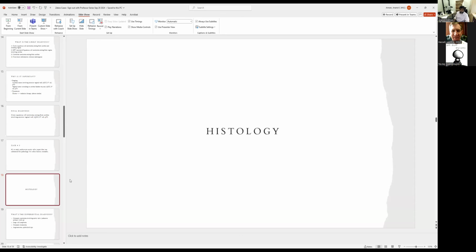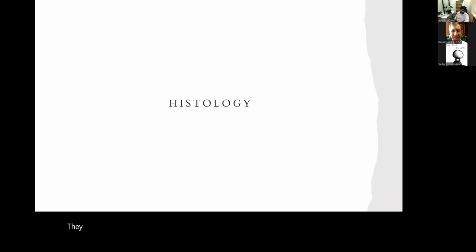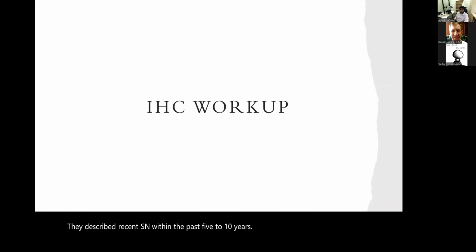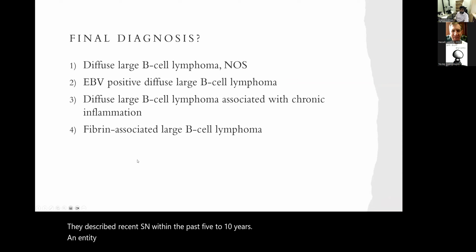Or is this some kind of diffuse large B-cell lymphoma that is associated with chronic inflammation? Or there was a recently described entity, recent as in within the past 5 to 10 years, called fibrin-associated large B-cell lymphoma. So these were the major differentials.